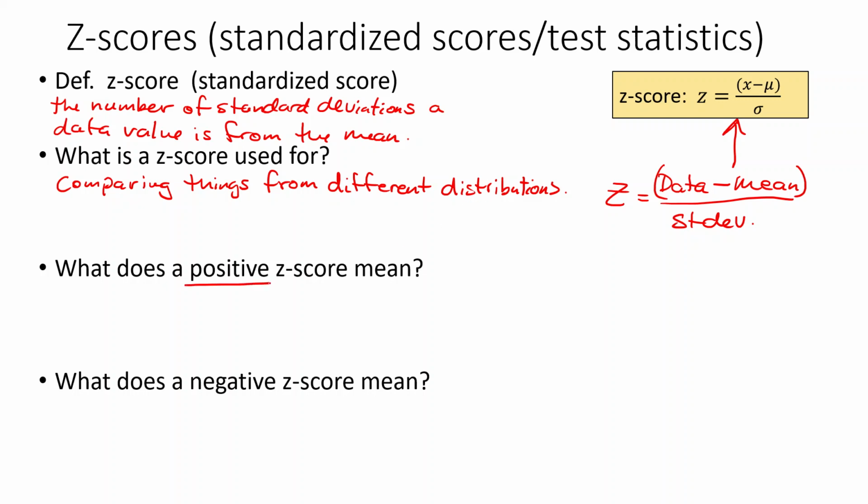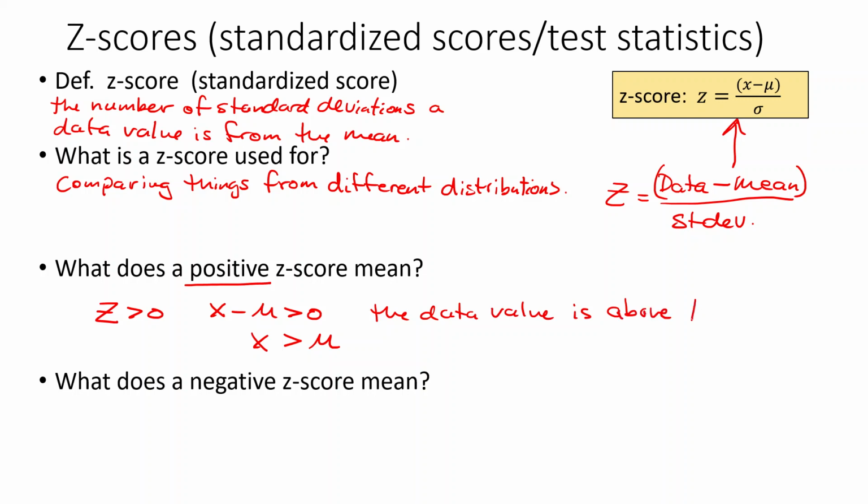All right, what does it mean if we have a positive z-score? Well, if the z is greater than 0, that means x minus the mean is greater than 0. And if we just add the mean over, that means x is greater than the mean. So that means the data value is above the mean, or we could say greater than. All right, so if it's negative, it's going to be exactly the opposite.